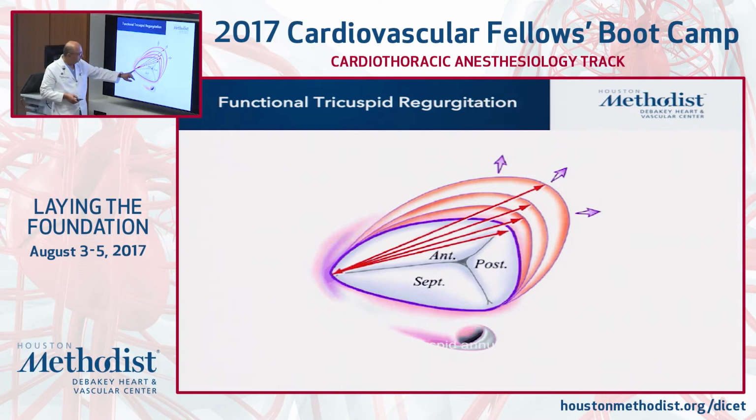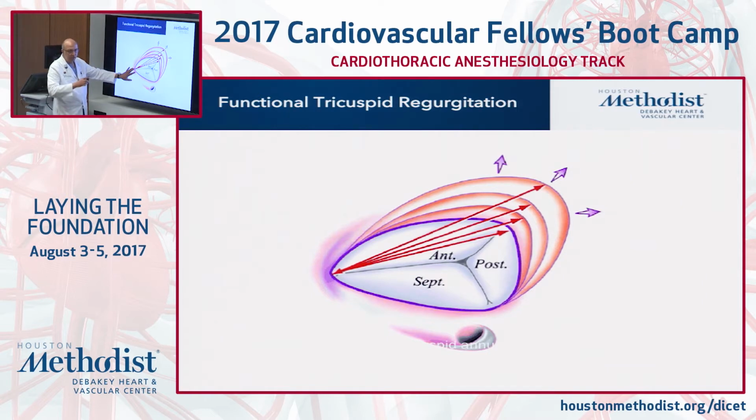Because of the fixation of the septal leaflet to the right trigone, or the central fibrous body of the heart, in this location, dilatation of the tricuspid valve occurs in this direction.